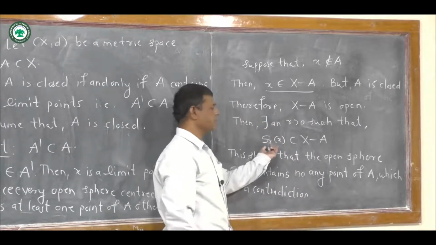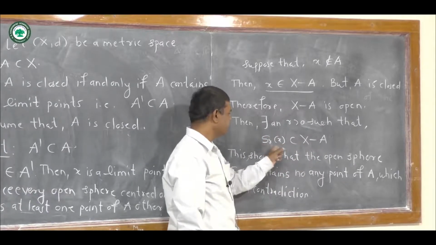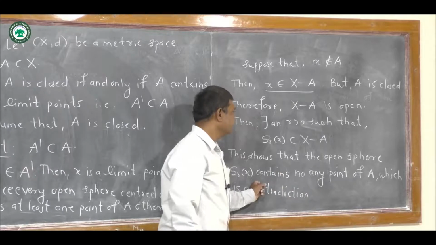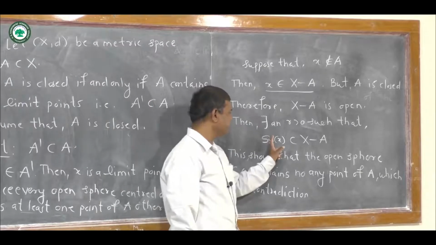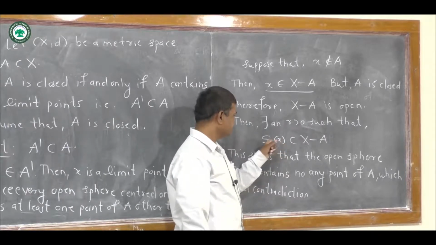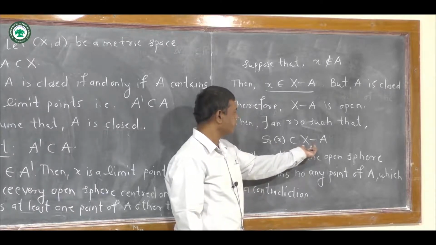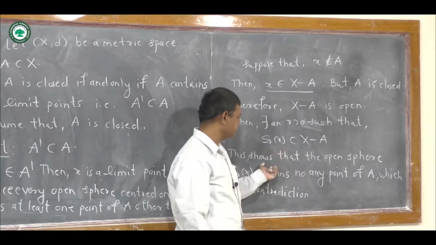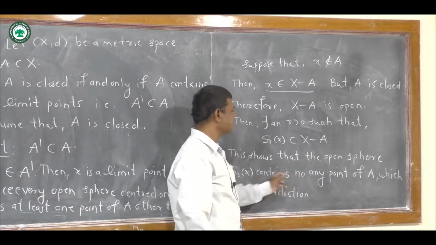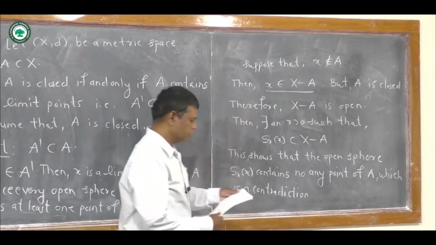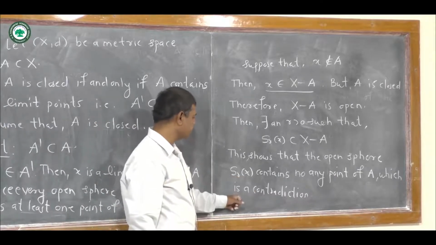Because this open sphere is contained in the complement of A, it does not contain any point of A. But we know that x is a limit point of A, so every open sphere centered on x contains at least one point of A other than x. Here we are proving that this open sphere does not contain any point of A, so we get a contradiction.